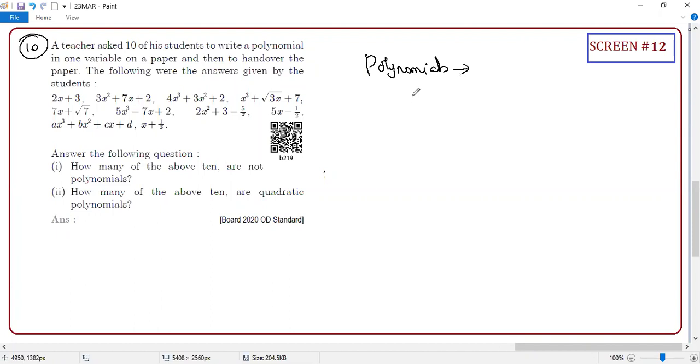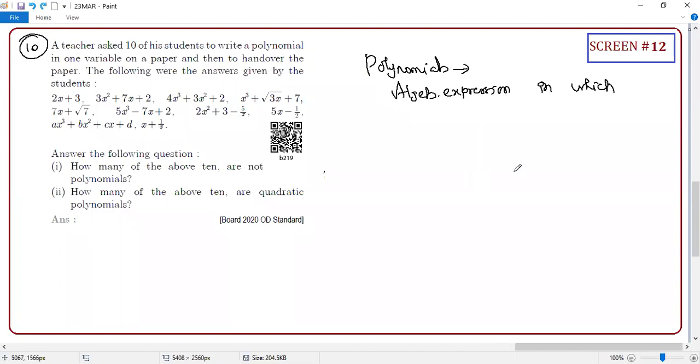What is a polynomial? It's an algebraic expression consisting of variables, with addition, subtraction, and multiplication.